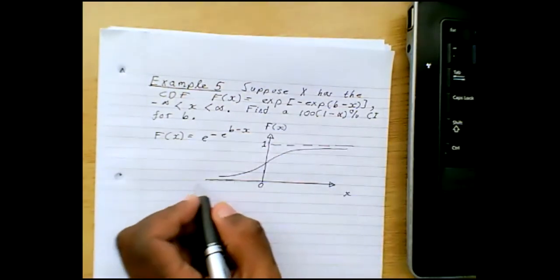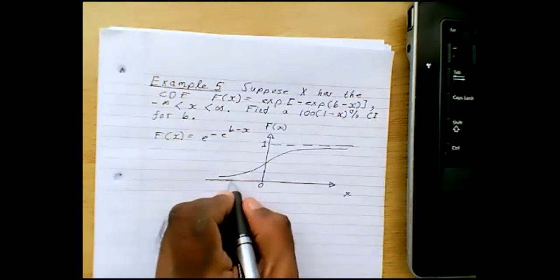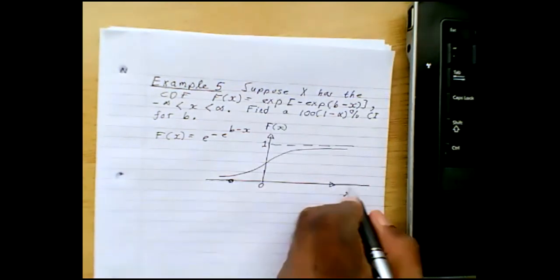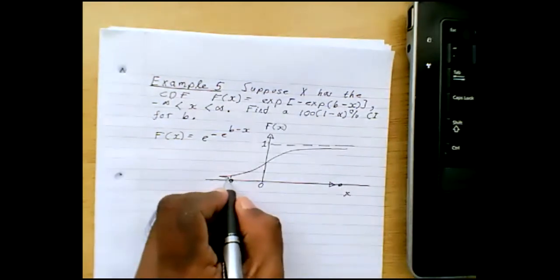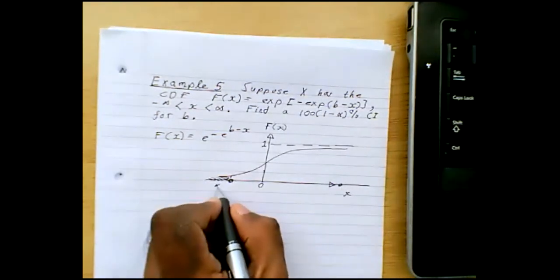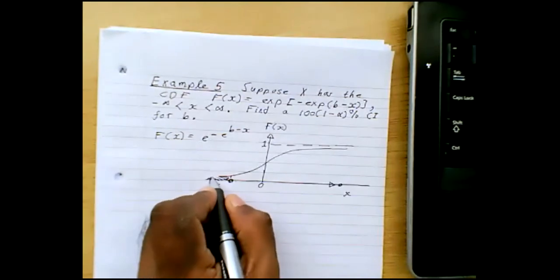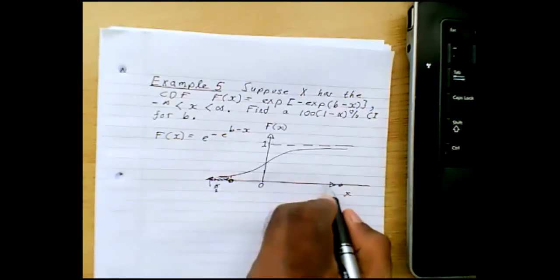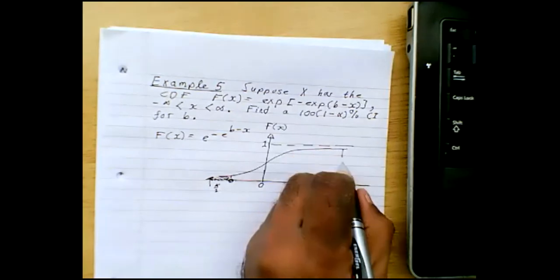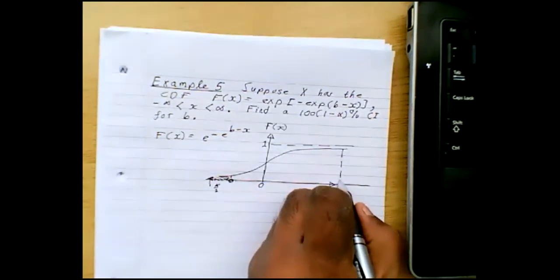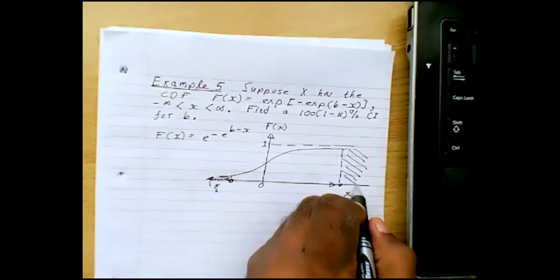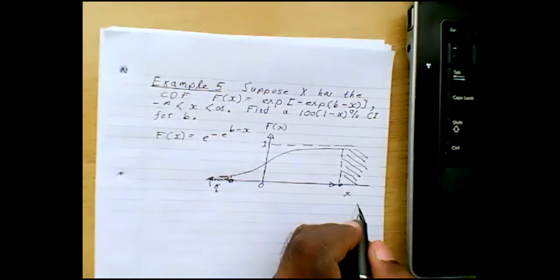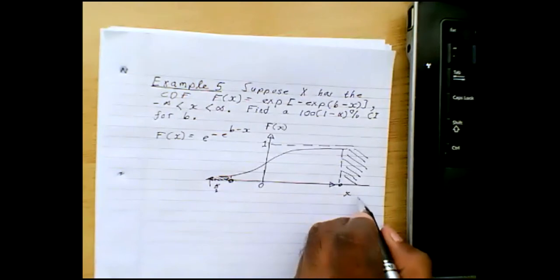Now what you need to look for are 2 points along the x-axis, such that the area to the left of the first point is alpha by 2, so this area, and the area to the right of the second point, that is this area here, is also alpha by 2, right?